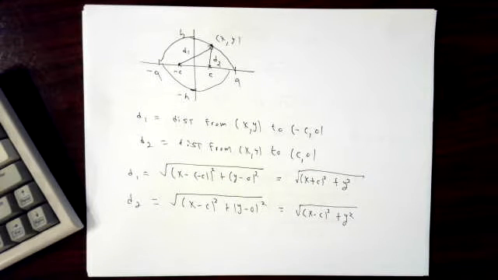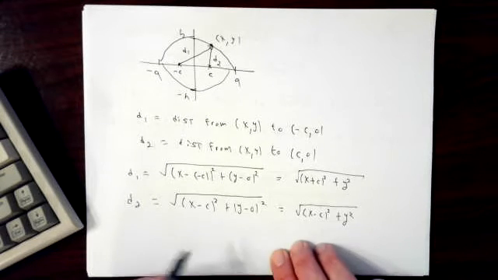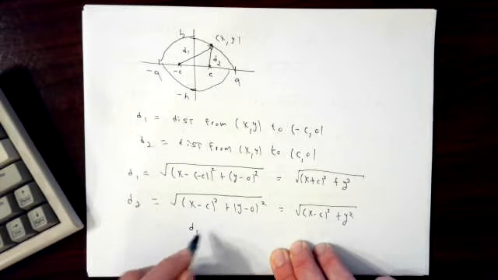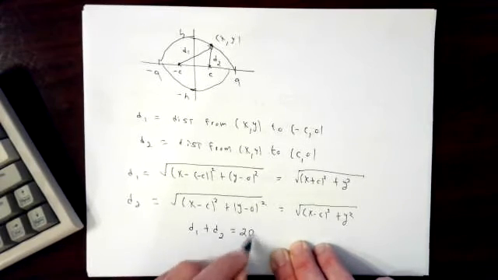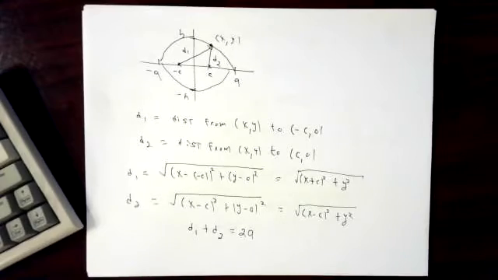Putting the coordinates into the distance formula, D1 is the radical of (x plus C) squared plus y squared, and D2 is the radical of (x minus C) squared plus y squared. And what we want is D1 plus D2 equal to 2 times A.